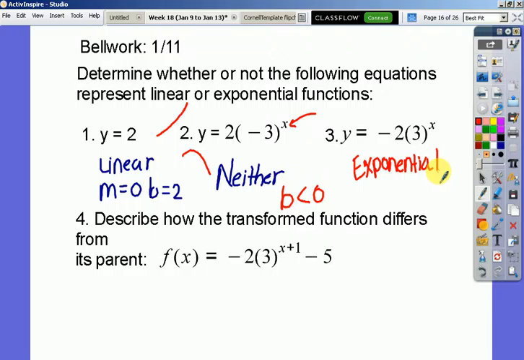Okay. So we have a pretty complicated looking exponential function here, and we're told to describe the differences between this and its parent. First of all, what's the parent function?